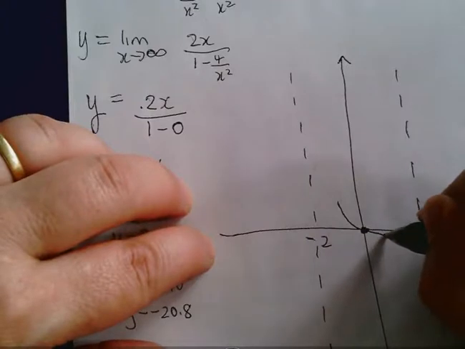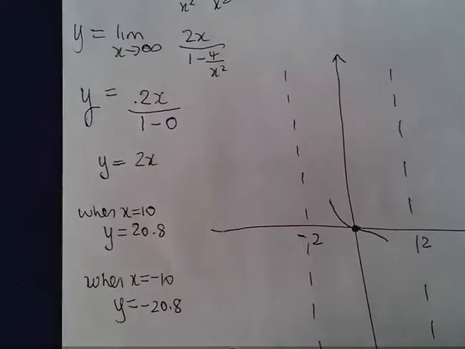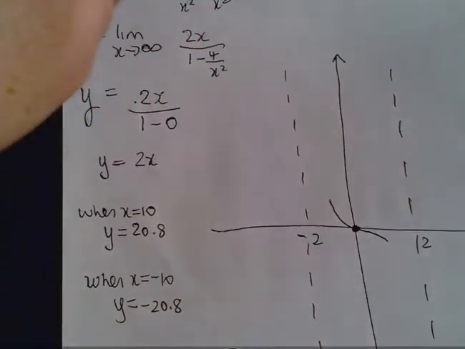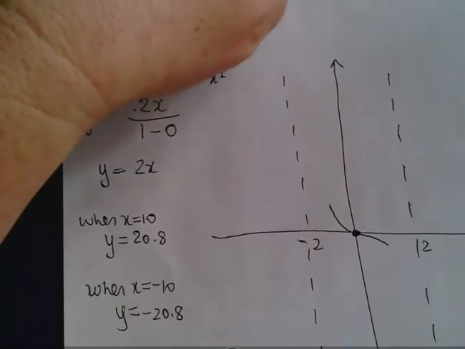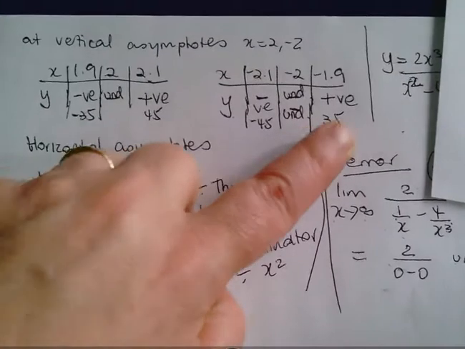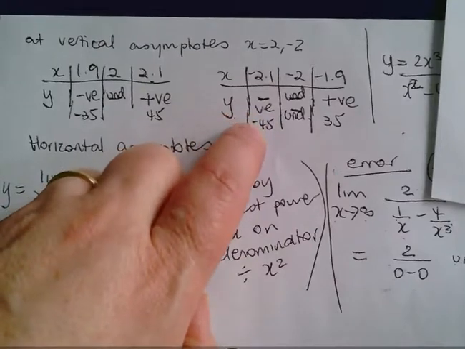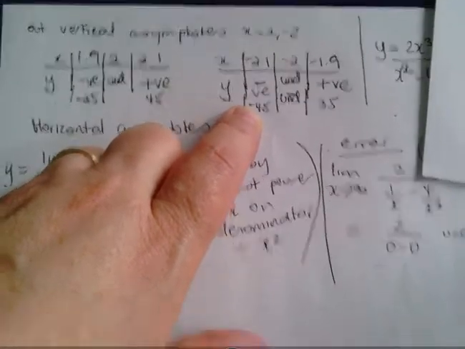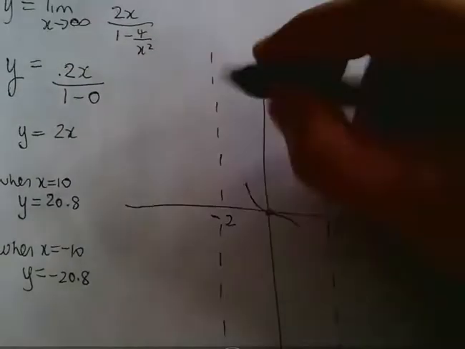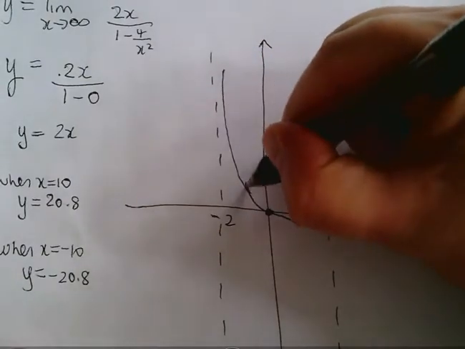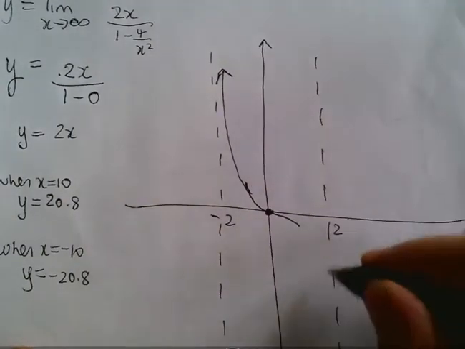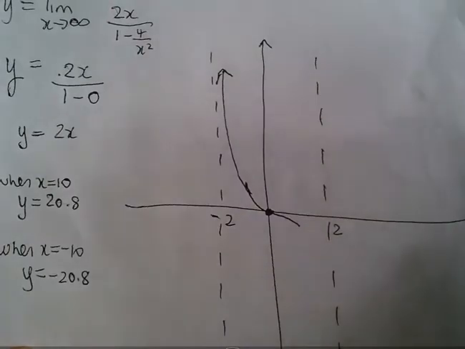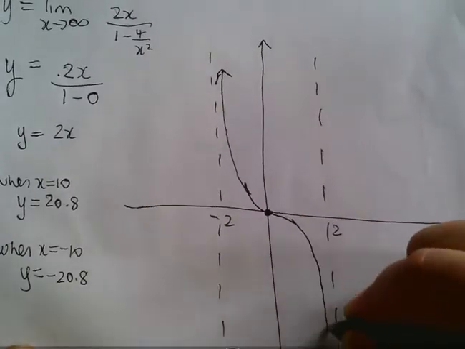You know that when x is negative 1.9, it's positive 35. When x is negative 2.1, it's negative 45. So when x is negative 1.9, it's very positive. Also, when x is 1.9, it's negative 35, so it looks like this.